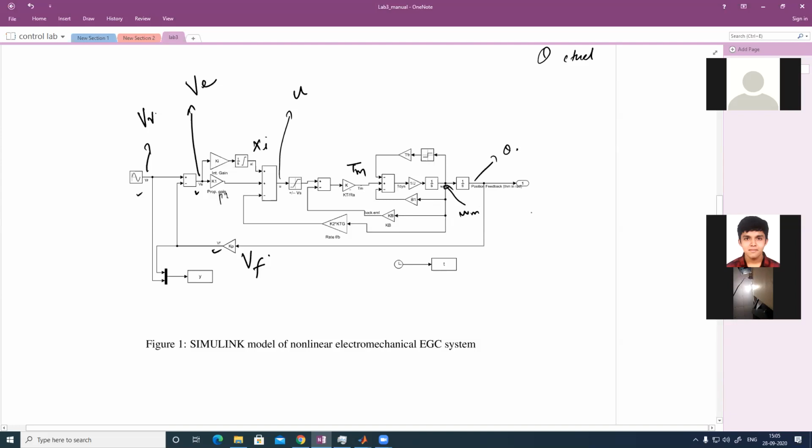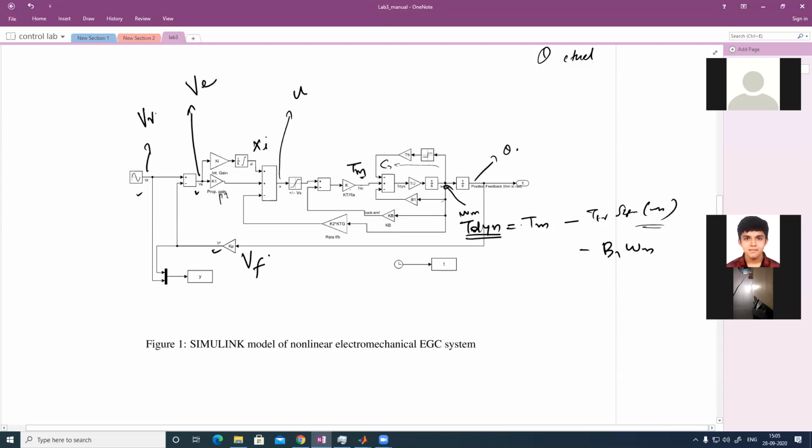Here it is omega M coming, and integrating it you will get theta. This Tm is coming here, and Tm minus Tfr into signum function of omega M is coming here. This is omega M, and the Tfr into signum function of omega M is here. Also minus B1 into omega M is coming here. That is called T dynamic.